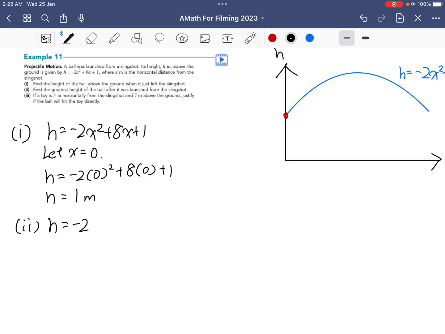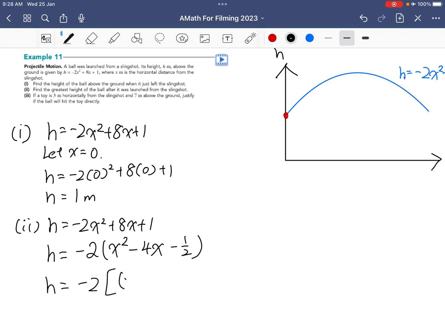So I will start with the equation. Remember, if I want to complete the square, the coefficient of x squared has to be 1. So I get x squared minus 4x, and here will be minus half.